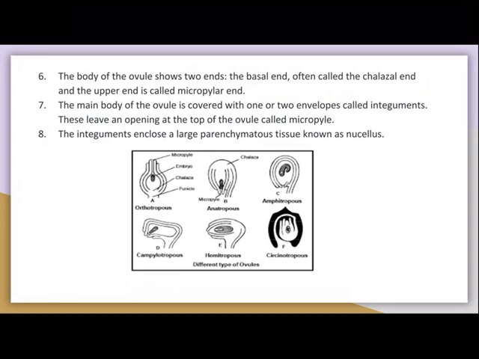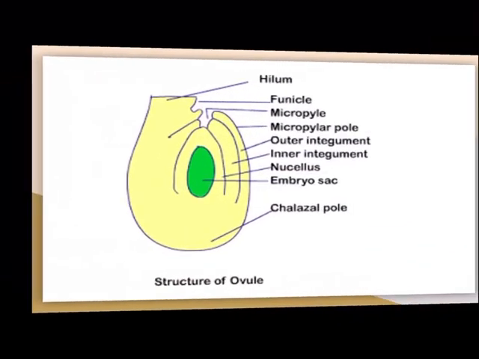When it is towards the bottom or towards gravity, it is called the anatropous ovule, then amphitropous, campylotropous, hemitropous, and circinotropous. These are the different types of ovule.